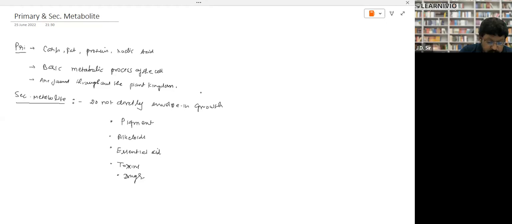Next, the organic compounds which are not directly involved in primary metabolism like photosynthesis, respiration, etc.